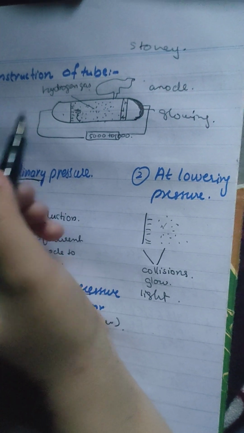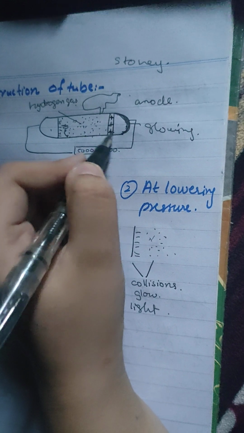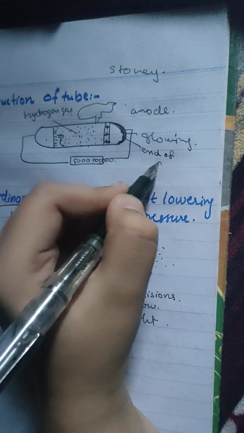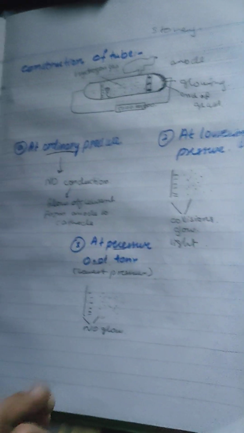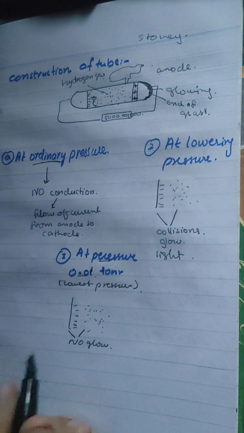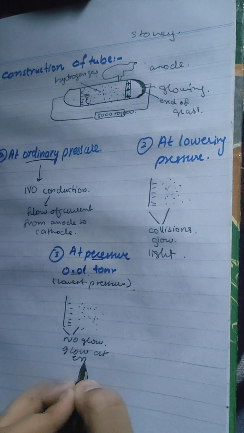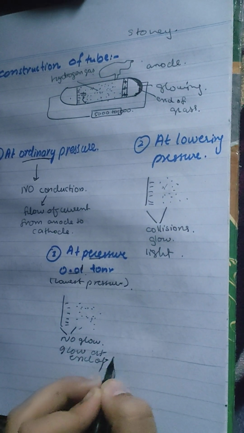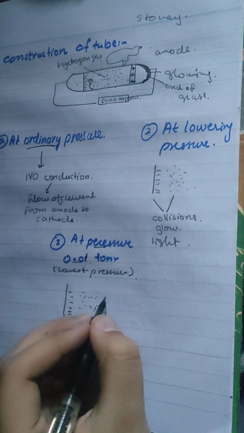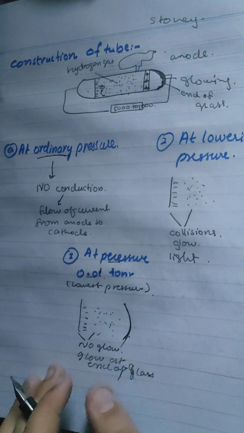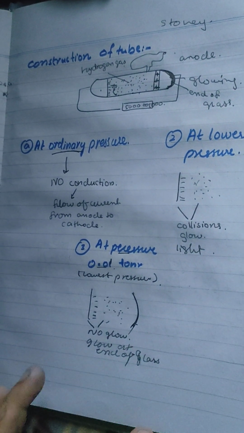He said that there is a negative charge that is attracted by the positive charge and glows at the end of the glass. Okay, so at this low pressure there will be a glow, but at the end of the glass there will be the glow.